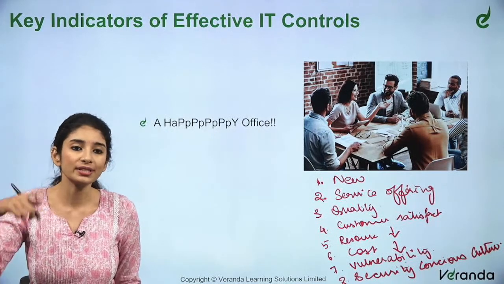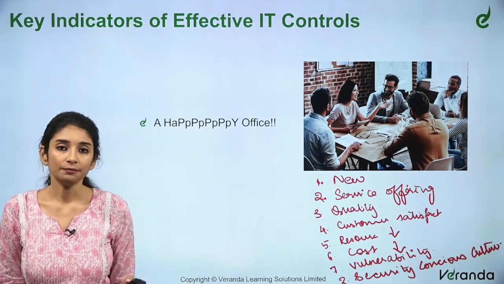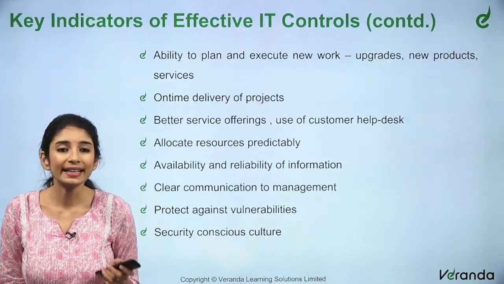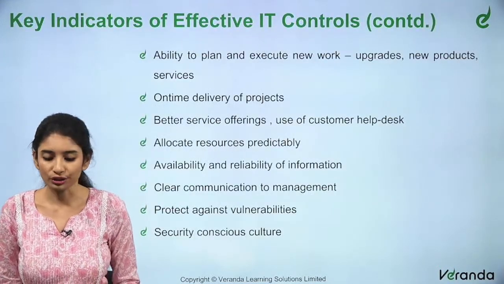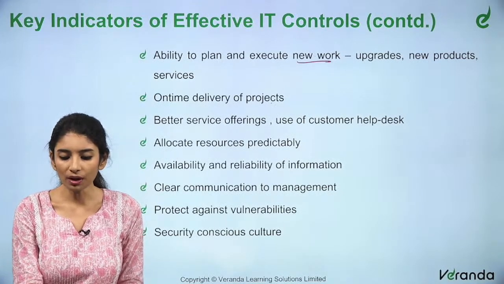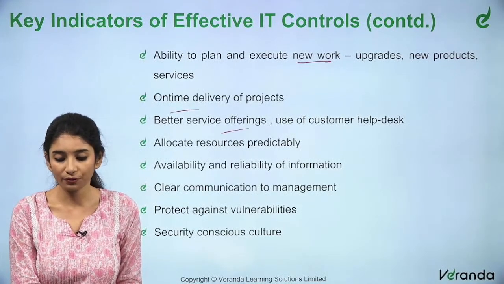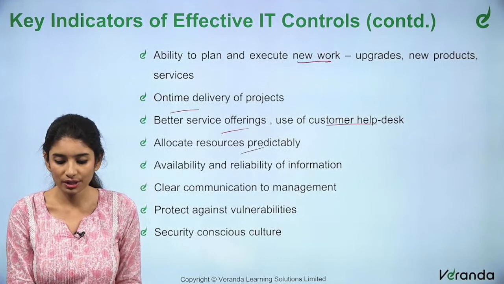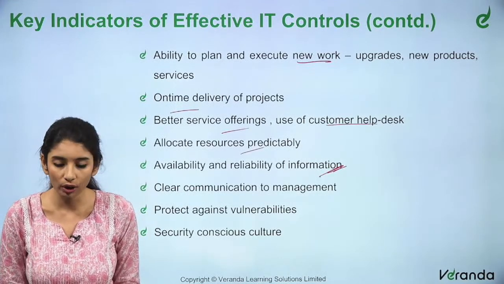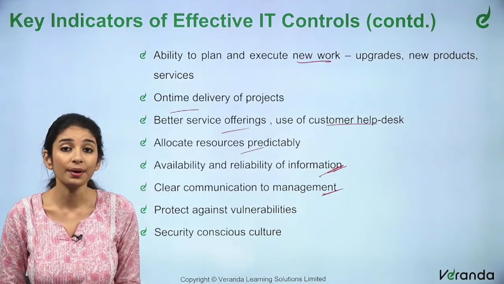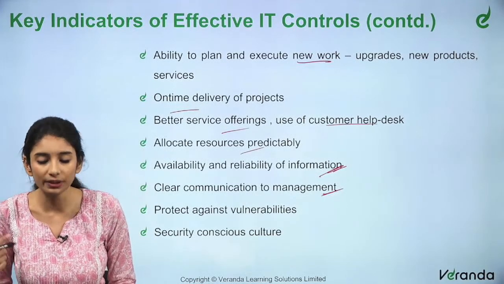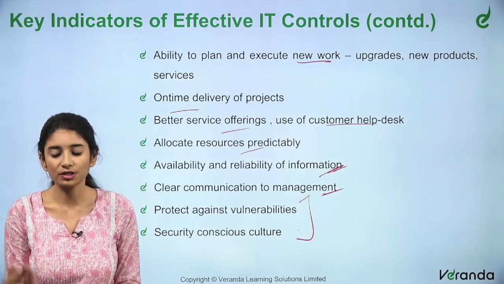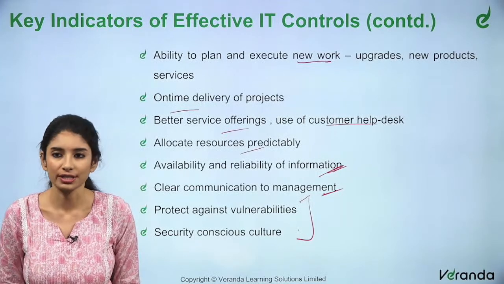Apart from that, all the points are happy points. Key indicators of effective IT controls: new work, on-time delivery, better service offerings, customer help desk, resources, information is there on time, and I can communicate with the management. Better communication with the management. Protection against vulnerabilities and security conscious culture.